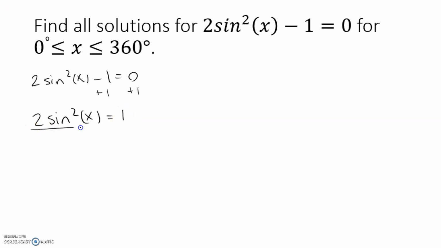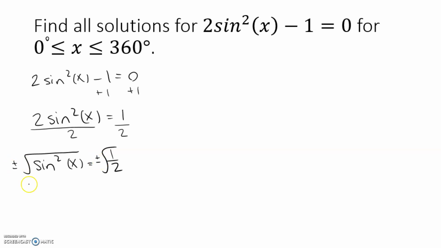Then I'm going to divide both sides by 2. So sine squared x is 1/2. Okay, to get rid of the squared, I'm going to take the square root, and anytime you take the square root, you also need to put a plus or minus sign.